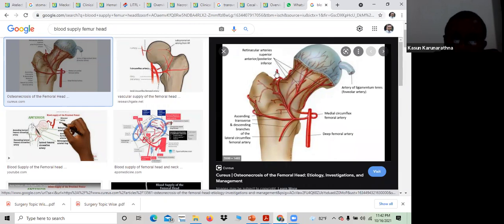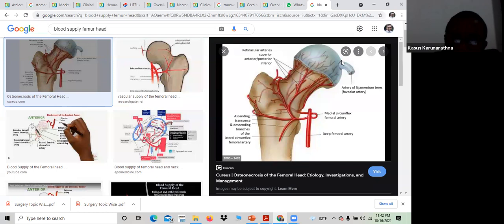If you get an intracapsular fracture, the capsule will be torn and all the vessels will be damaged. In the young age, you get blood vessels along the ligamentum teres, but those are rudimentary in adults.